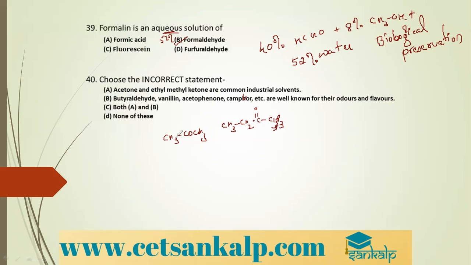Butyraldehyde, vanillin, acetophenone, camphor, etc. are well known for their odors and flavors. Obviously, yes, that is also good. They are all very well known for odors and their flavors. So both A and B are correct. So this is the incorrect statement. None of these.